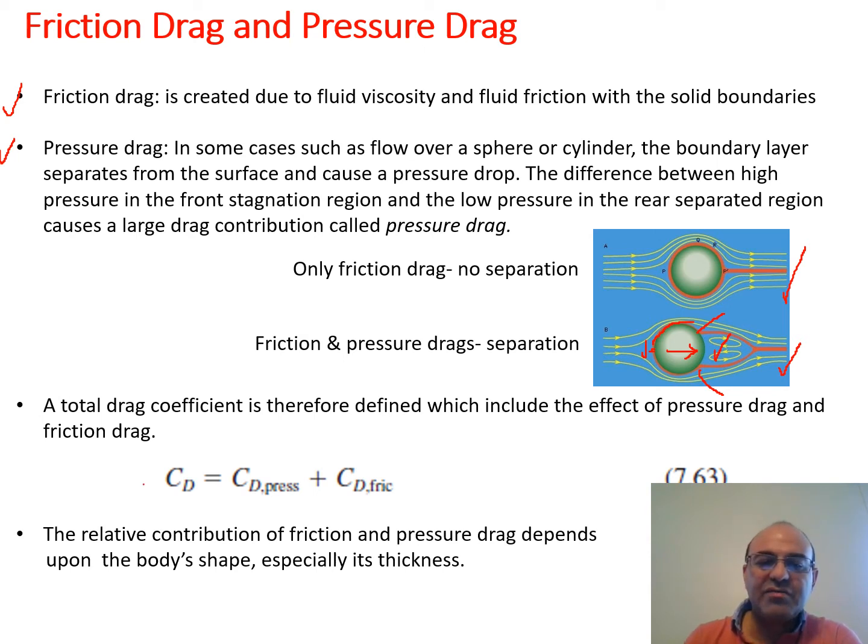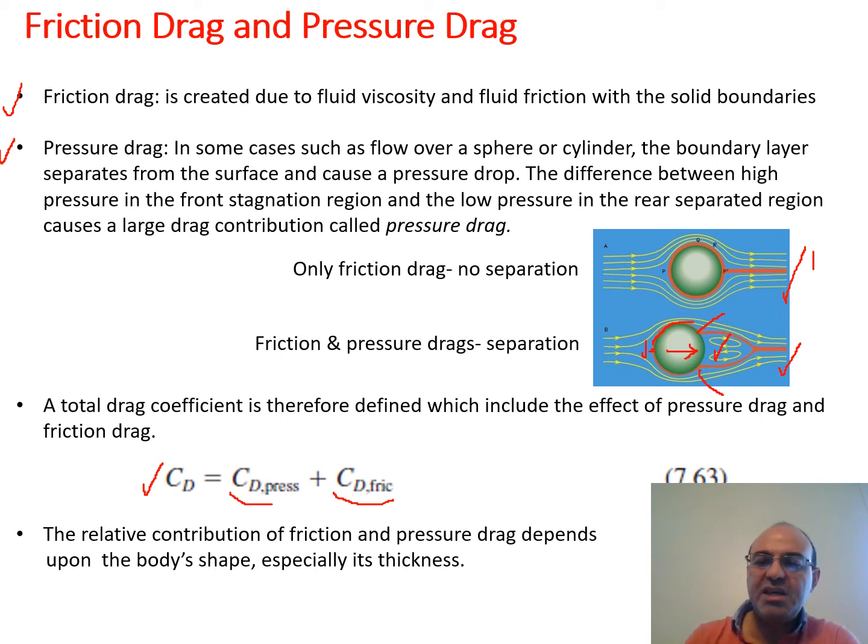So as a result, we can also define our CD, the drag coefficient, as CD because of the pressure forces, multiplied by the frontal area, plus CD because of the friction forces. In case A, when the Reynolds number is low, all of the drag force is because of friction.